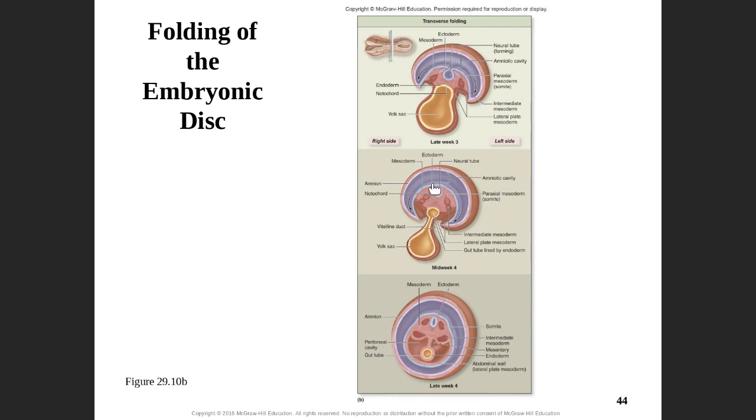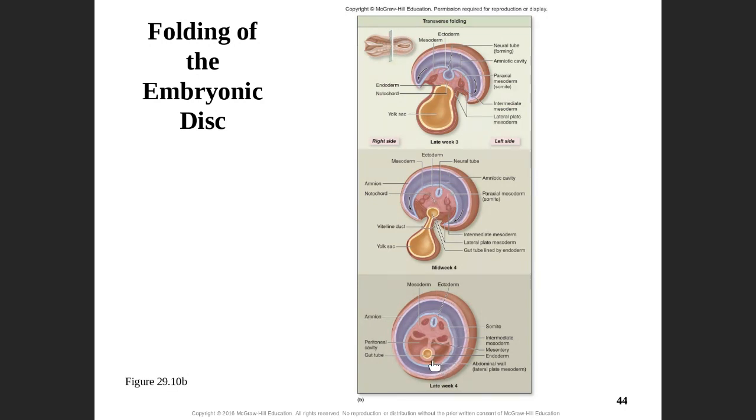You can see here the ectoderm is now going to take more of the external region of the embryo, and our endoderm on the inside, as it's folding forward, is going to take more of an internal position. And then, of course, the mesoderm will be caught in between both those structures.